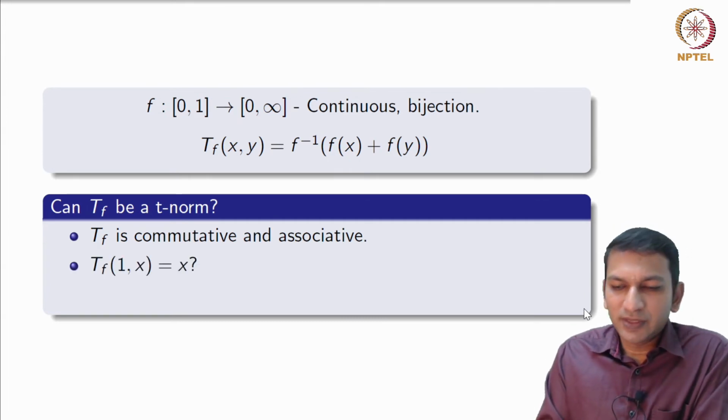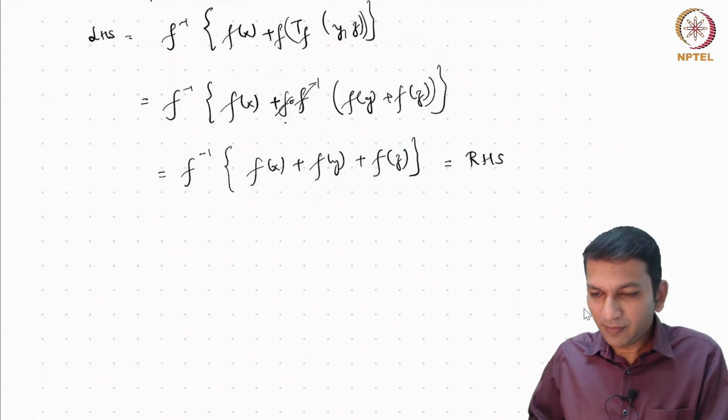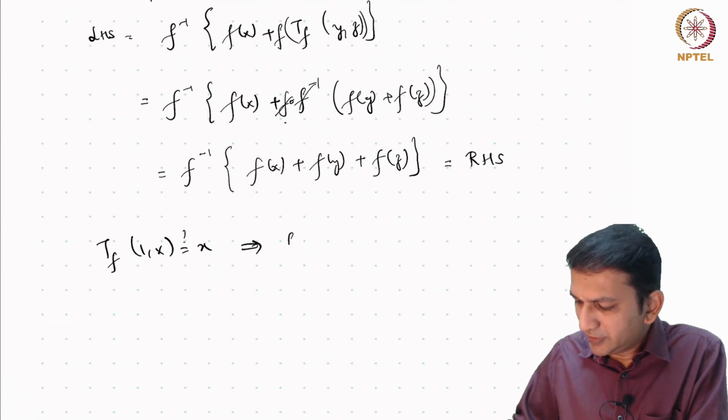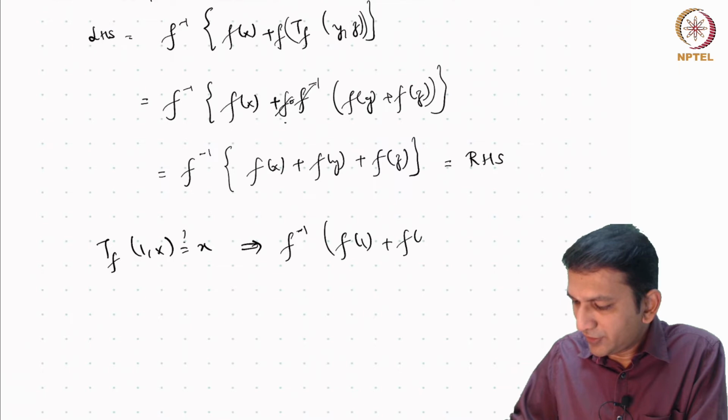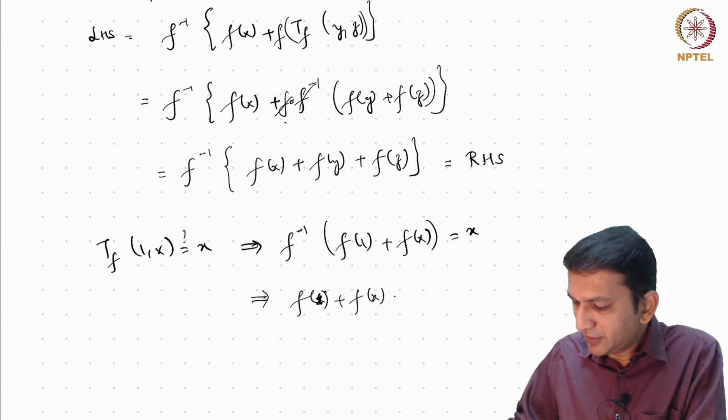Now let's ask the question, is tf of 1,x equal to x? It means f inverse of f of 1 plus f of x should be equal to x. And since we know that f is bijective, this implies f of 1 plus f of x is actually equal to f of x for any x in [0,1].